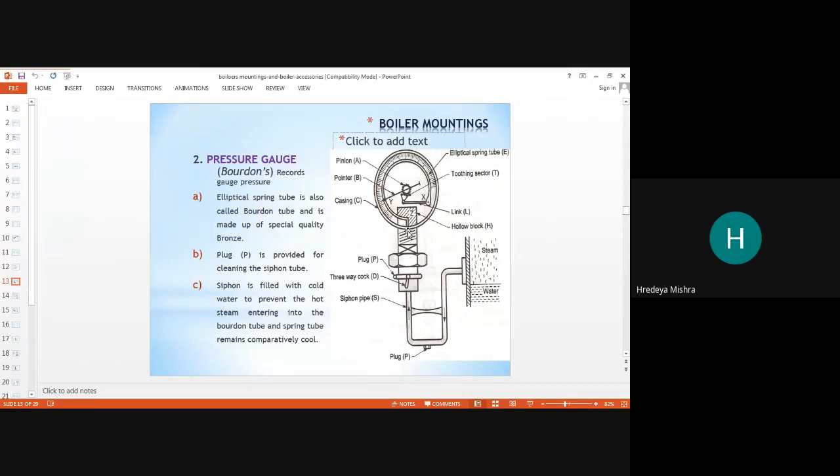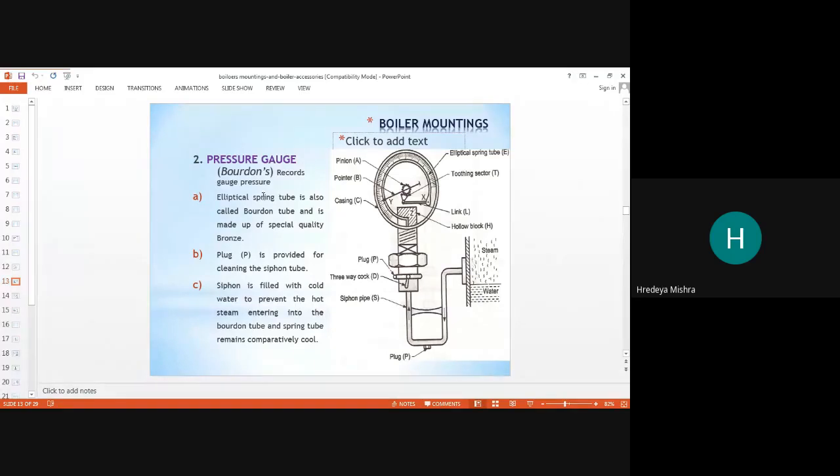The pressure gauge is mounted on the wall of the steam, so we can check whatever the pressure is.